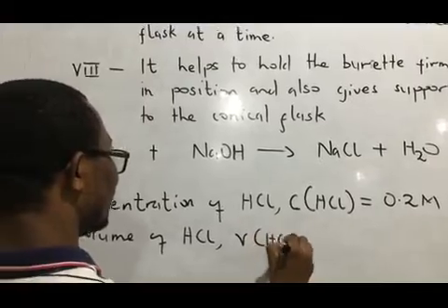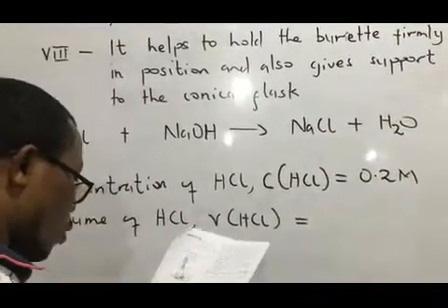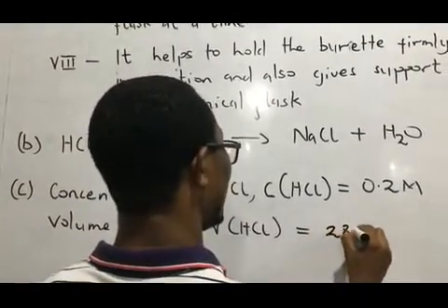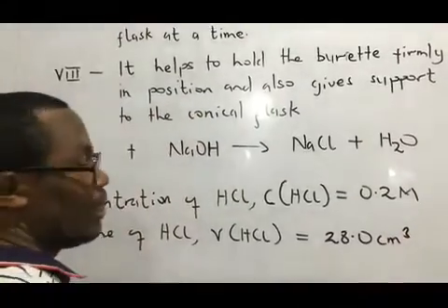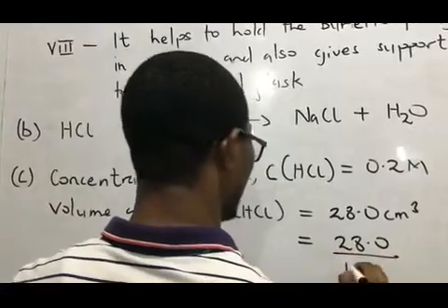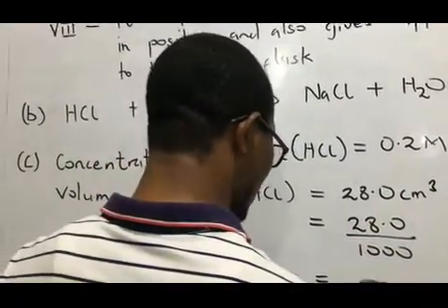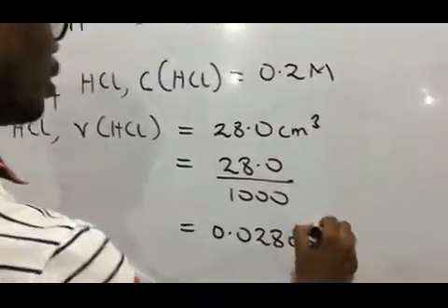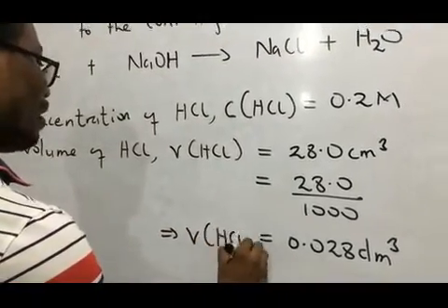That's the V. The volume here was given as 28.0 cm cube. Your volume should be in dm cube, so we divide this by 1,000. And when you do that, that will give you 0.028 dm cube. So that's the volume of the HCl.